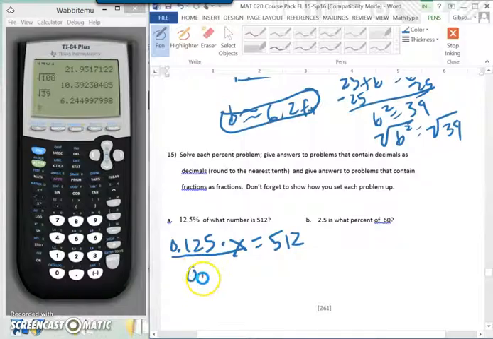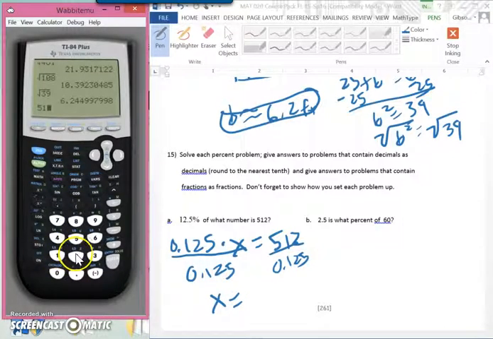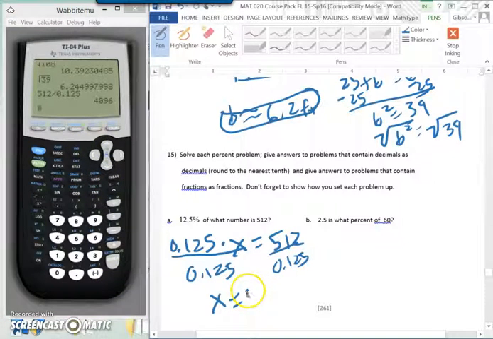So we'll divide each side by 0.125. And we have x is equal to, so we'll take 512 divided by 0.125. And that will give us 4,096.